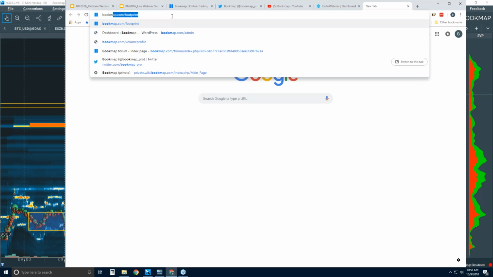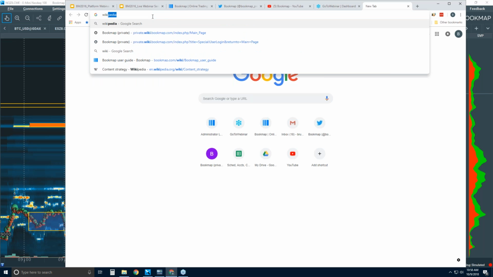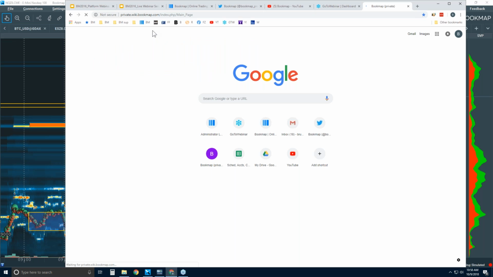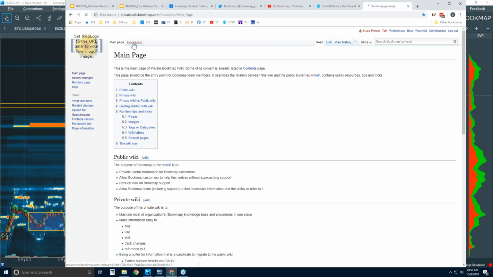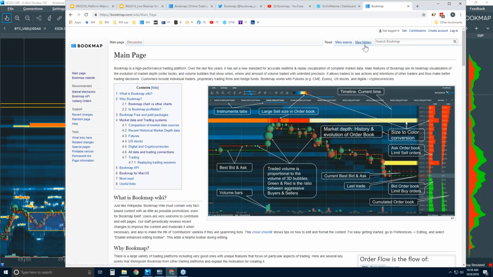So we're going to go to the Bookmap wiki. We have a private wiki, but we also have a public one. You program in Python? Well, let me just point you in this direction, and you can ask questions there.